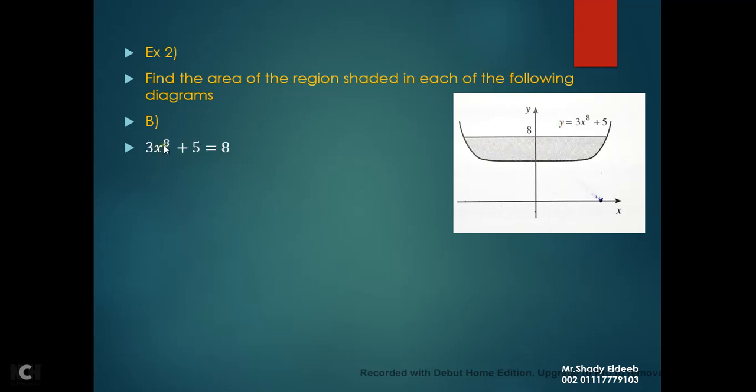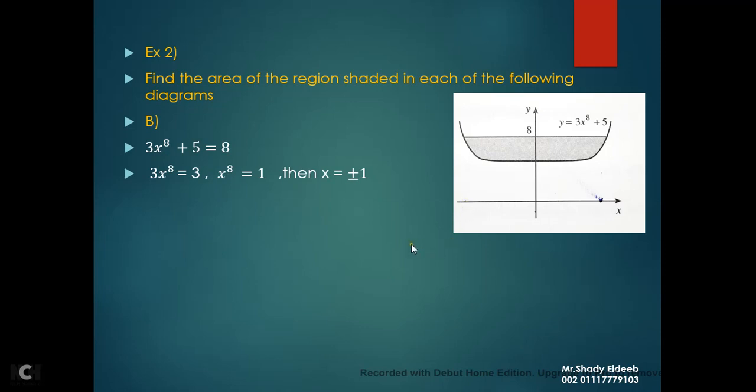So 3x power 8 plus 5 equals 8. 3x power 8 equals 3 because 8 minus 5 is 3, and x power 8 is 1, so x will be positive or negative 1. So this point has x equals 1, and this one has x equals negative 1.